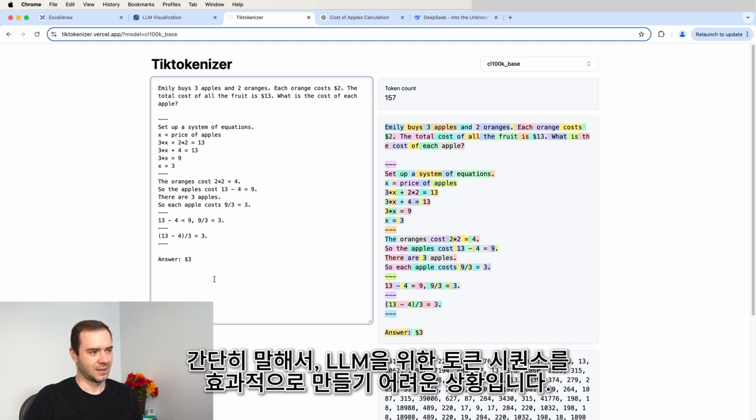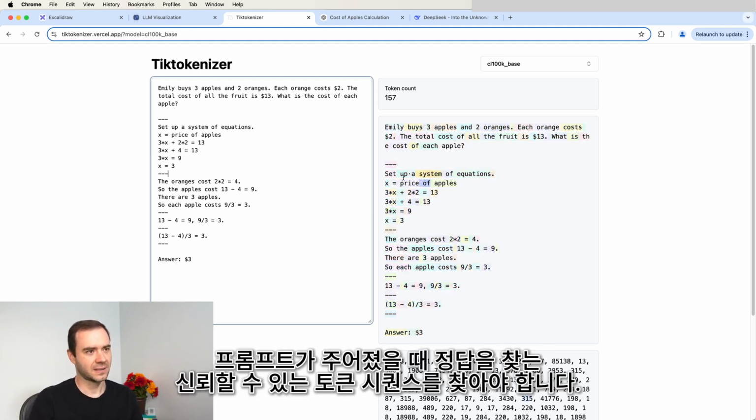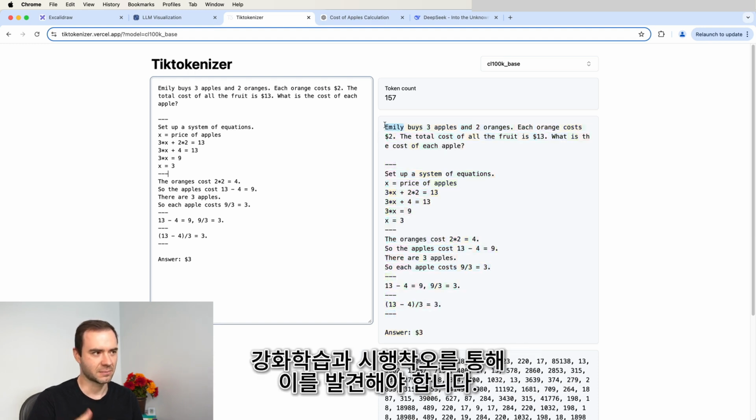So, long story short, we are not in a good position to create these token sequences for the LLM. They're useful by imitation to initialize the system, but we really want the LLM to discover the token sequences that work for it. It needs to find for itself what token sequence reliably gets to the answer given the prompt. And it needs to discover that in a process of reinforcement learning and of trial and error.